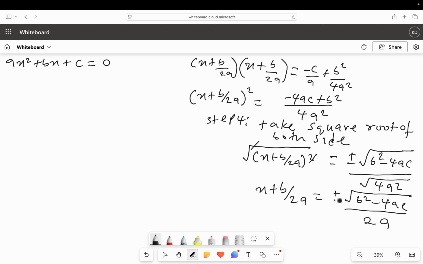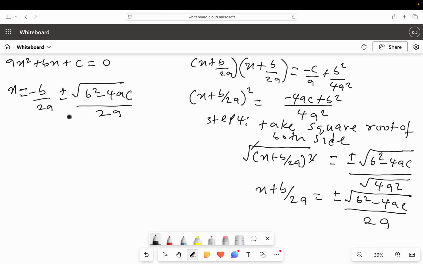This plus or minus sign is added in order to account for all numbers that satisfy the original squared expression here. So solving further, we have x is just minus b over 2a plus or minus square root of b squared minus 4ac all over 2a.